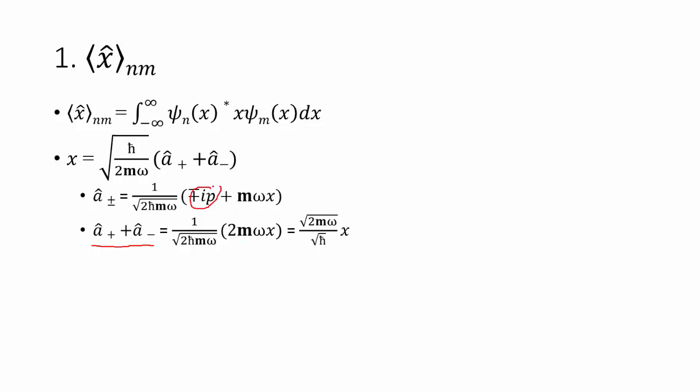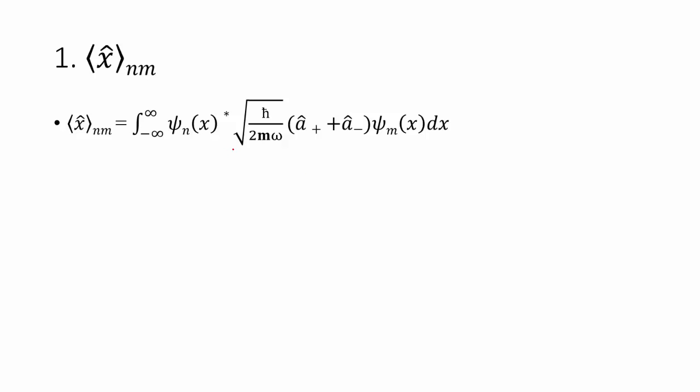The ip part just cancels out because one is minus, one is plus, and we end up with the square root of 2 m omega over the square root of h bar times x, which gives us x equal to the square root of h bar over 2 m omega times a plus plus a minus.